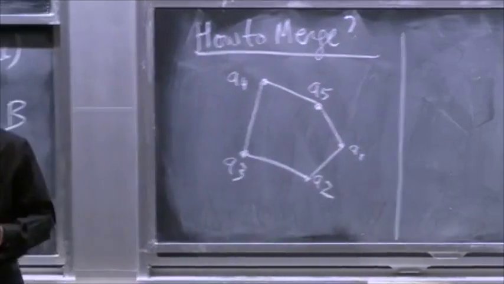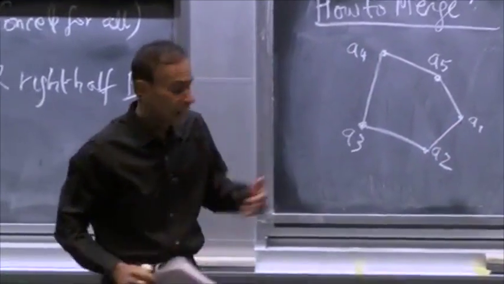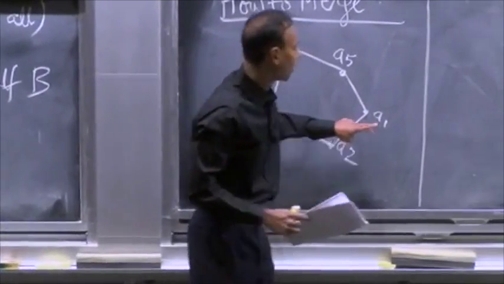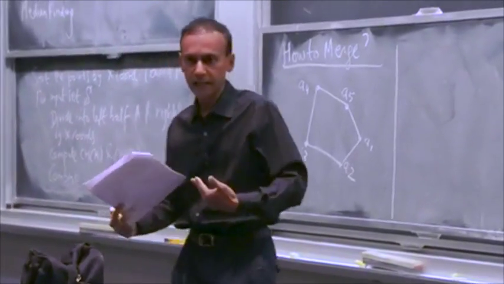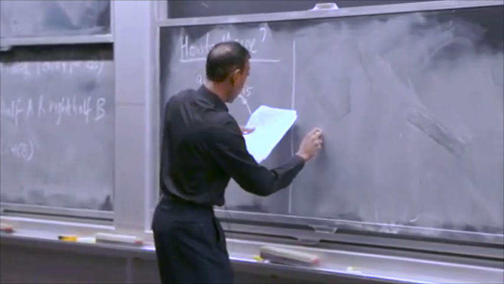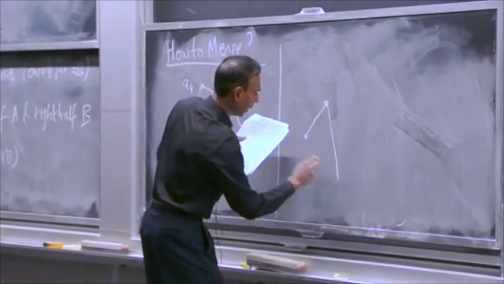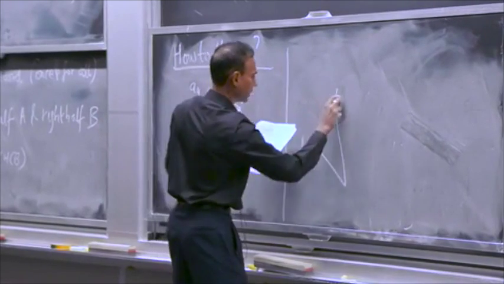And in the subproblem case, my starting point is going to be, for the left subproblem, the coordinate that has the highest x value. So that's A1 in this case, with x increasing to the right. And for the right half of the problem, it's going to be the coordinate that has the lowest x value. And I'm going to go clockwise in both of these cases.